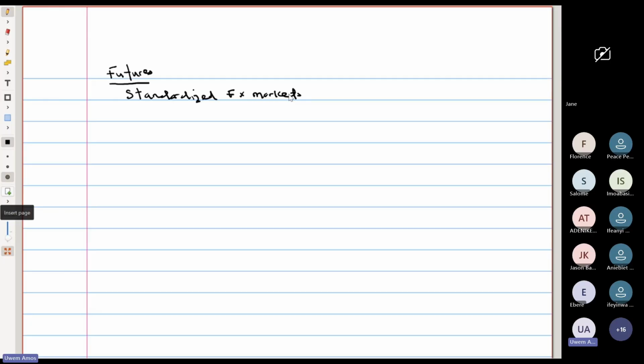And what are some of these rules? One is that the contracts in the futures markets are sold in blocks. For example, they might be selling their contracts in blocks of 50K. What that means for you is, if you are trying to manage 100K, that's pretty easy.